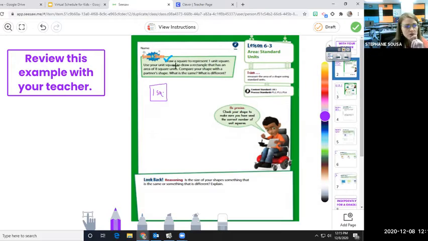Use your unit square to draw a rectangle that has an area of 8 square units. So now I'm going to draw 8 square units that are mushed together to represent a rectangle. Go ahead and do the same on yours.